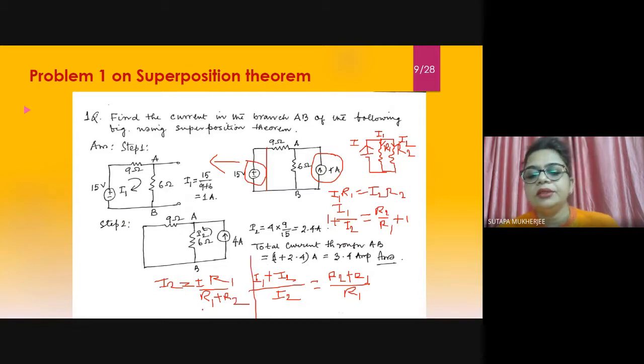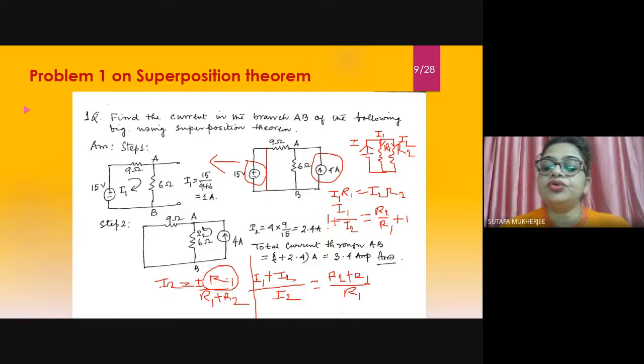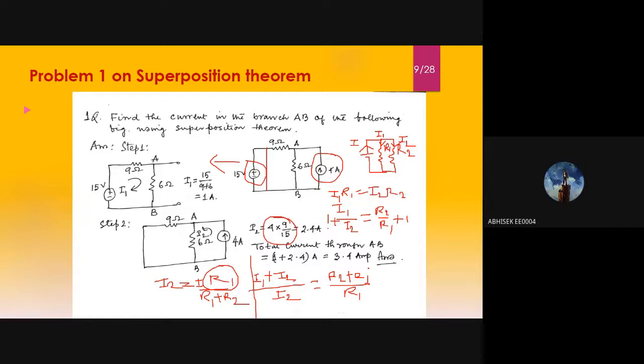So if you want I2, R1 is in the numerator. If you want I1, R2 will be in the numerator. This is why you use this equation. Is it clear to all of you? Can I go to the next slide?